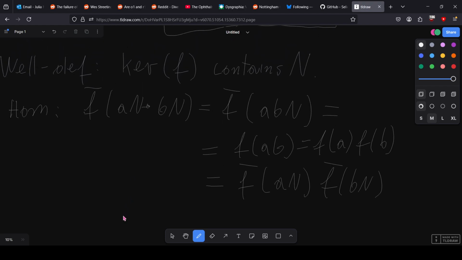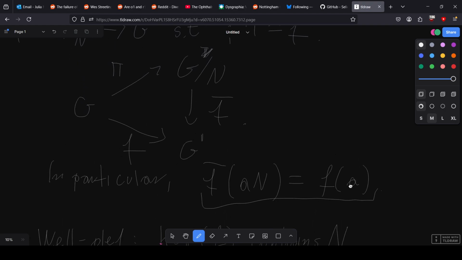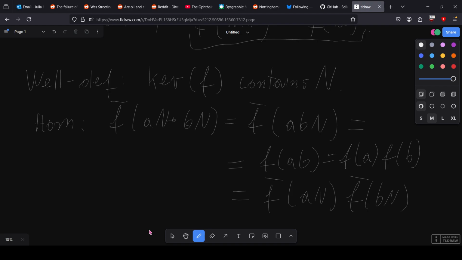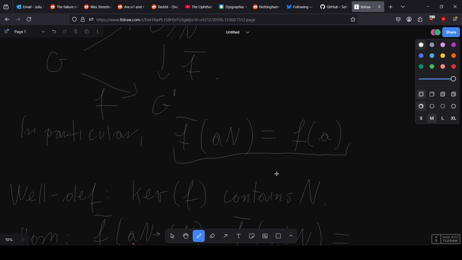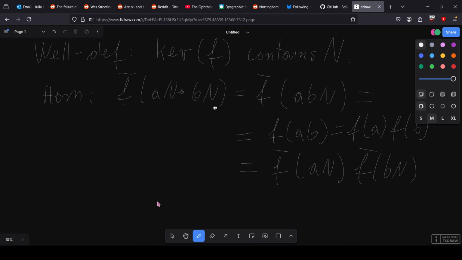The uniqueness part is a little annoying. Uniqueness is effectively forced once again by the way that we've defined f bar.